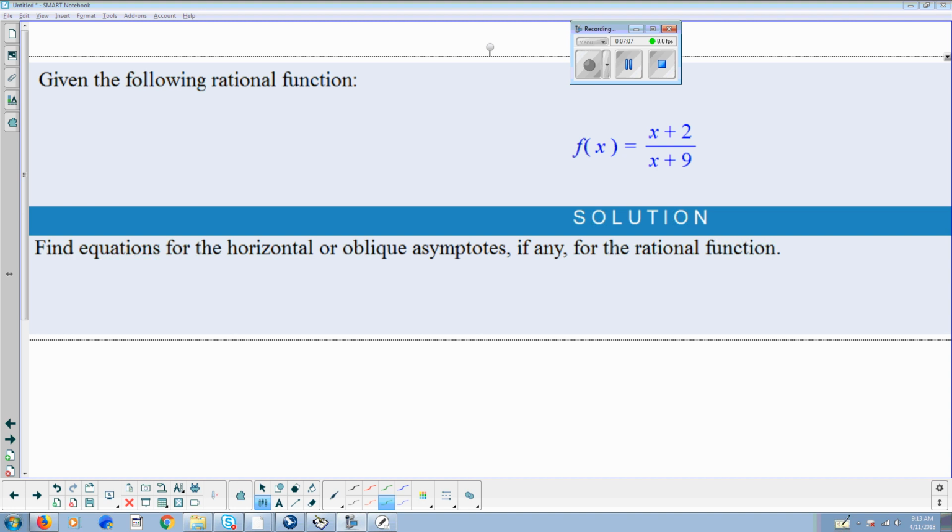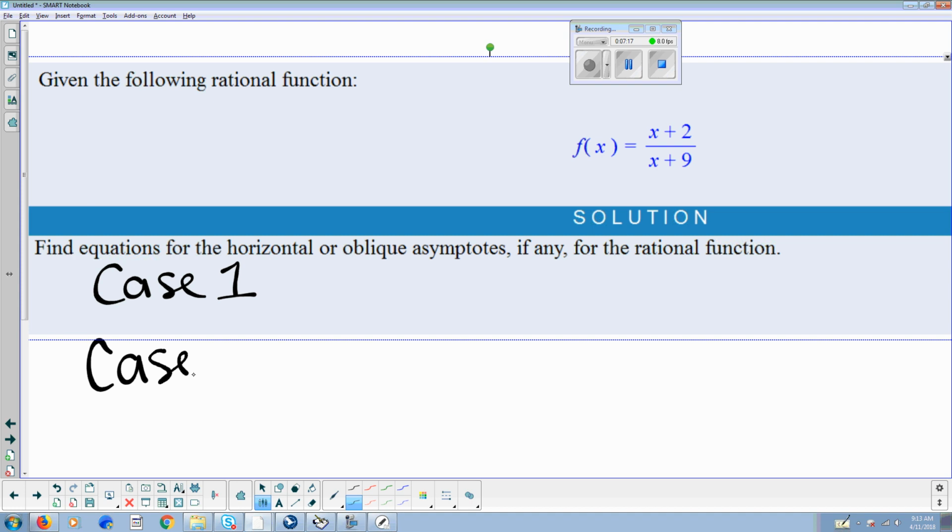We have some rules. There were 3 cases that I had you consider with horizontal or oblique asymptotes. We had case 1, case 2, and case 3. Does anybody remember how we differentiated between these different cases? It had to do with the degrees.